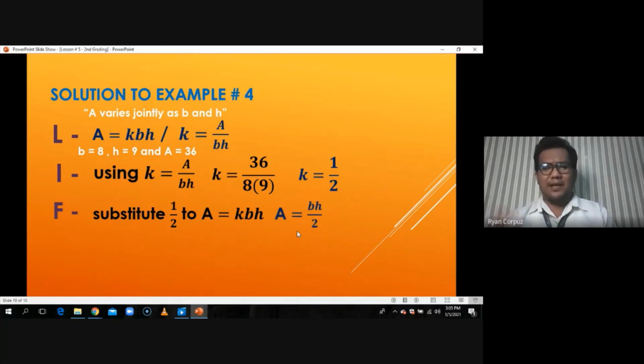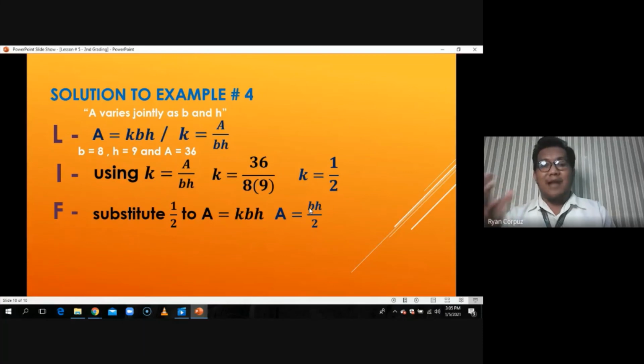So, baka may nagtataka, naging BH over 2? Again, BH here is a numerator. Ang denominator niya ay 1. So, since ang K mo is 1 half, ang numerator niya ay 1. So, since magiging yung 1 ay magiging numerical coefficient, usually, 1 is hindi na natin sinusulat. So, it's already understood kapag wala siyang numerical coefficient, na ang ibig sabihin nun, ang numerical coefficient niya ay 1.